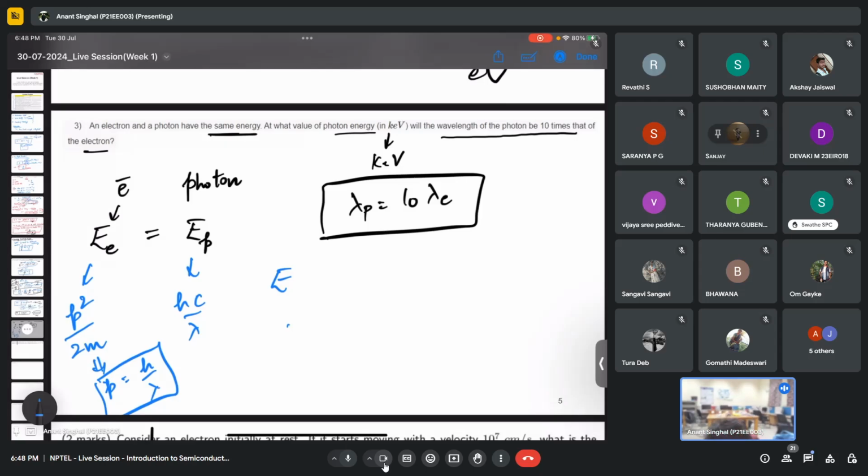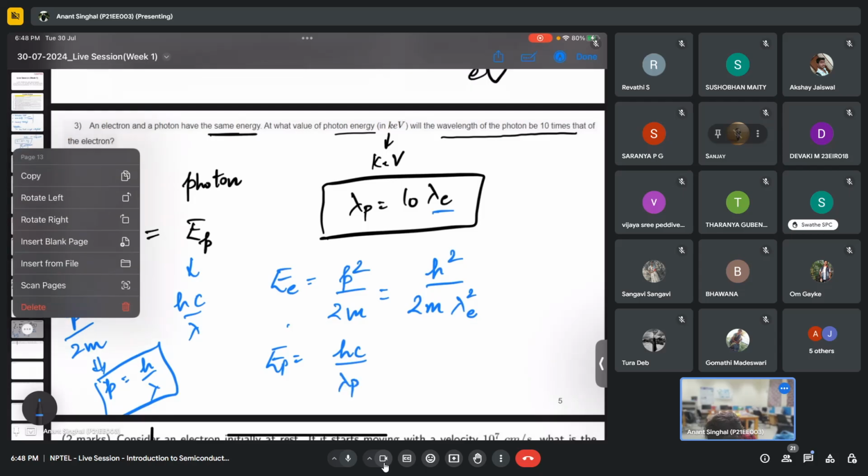The energy of the electron is nothing but p square by 2m, so I can write this as h square by 2m lambda square. I am writing it as lambda e because I'm using the same notation. Then the energy of the photon is hc by lambda p.